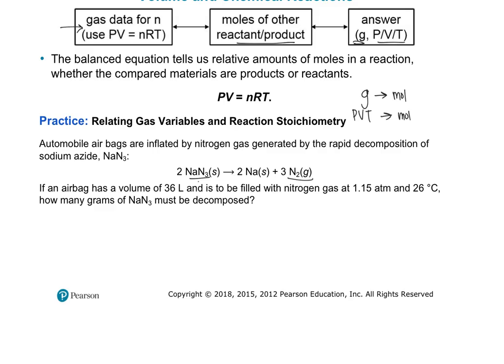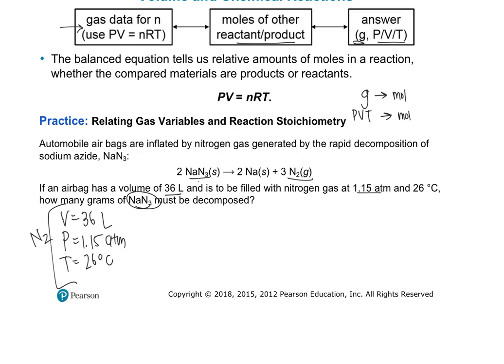If an airbag has a volume of 36 liters and is to be filled with nitrogen gas at a pressure of 1.15 atmospheres and a temperature of 26 degrees Celsius, we want to find how many grams of sodium azide must be decomposed. And so this is all for when we have nitrogen gas.